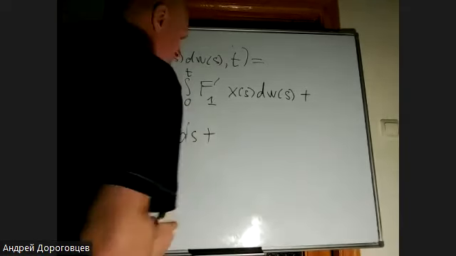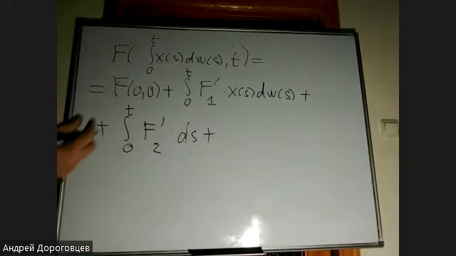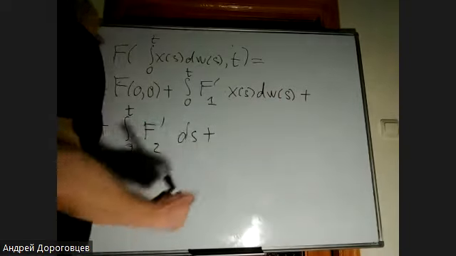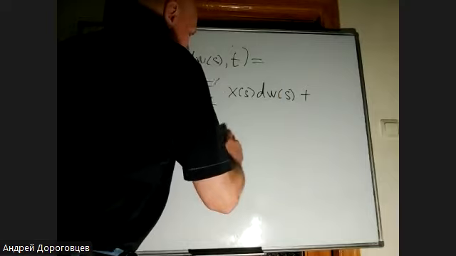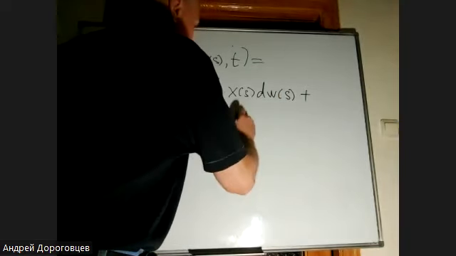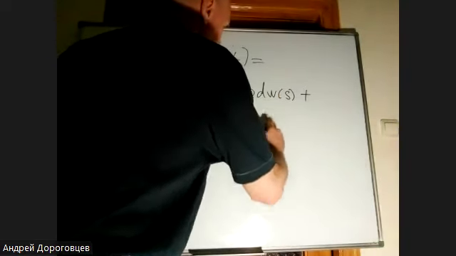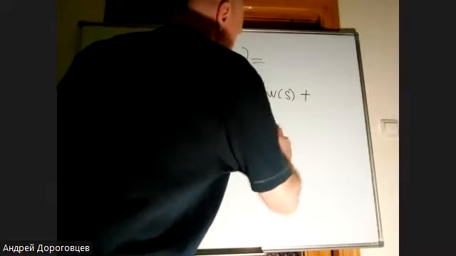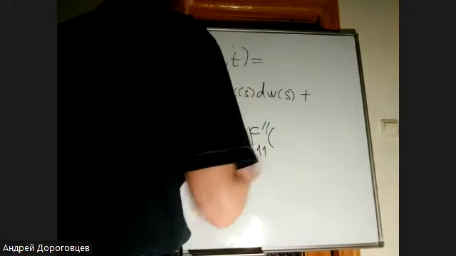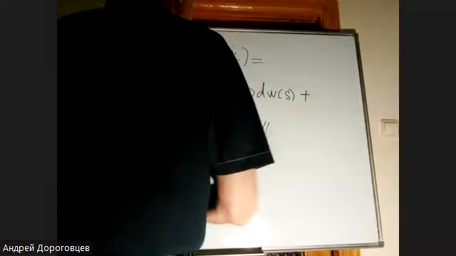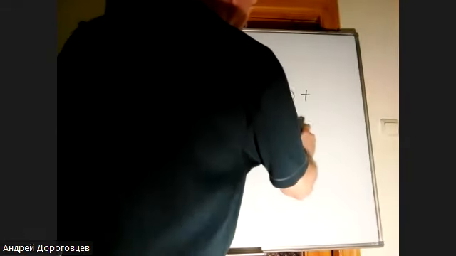plus this is a new term which arises due to the Wiener process here, 1/2 integral from 0 to t, with respect to the first derivative, and here is x squared ds.